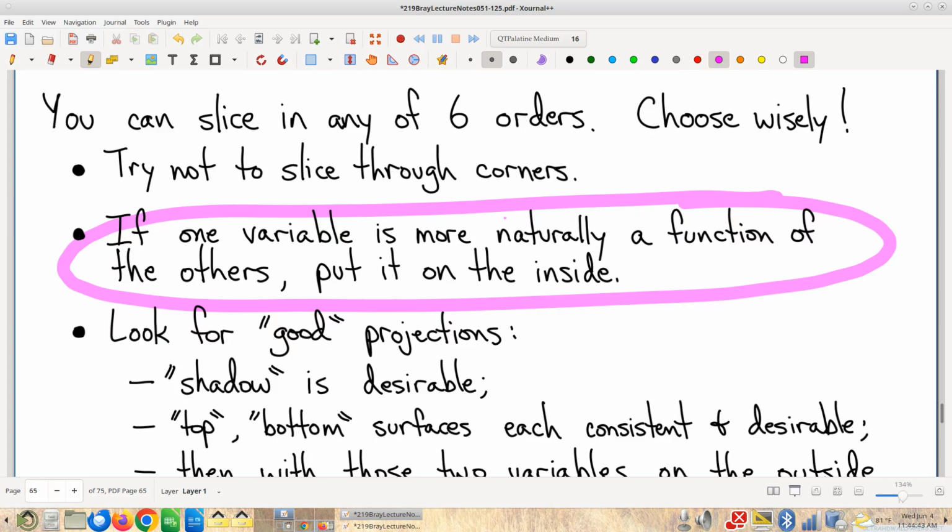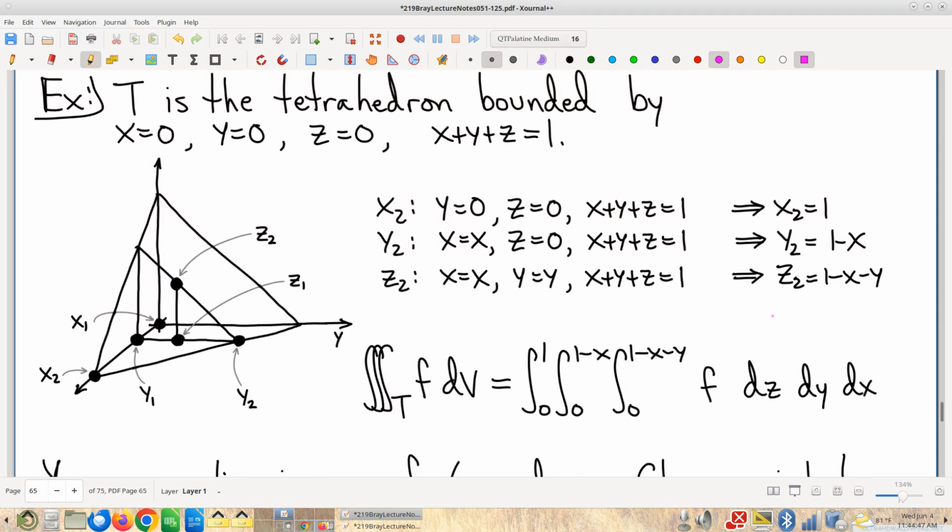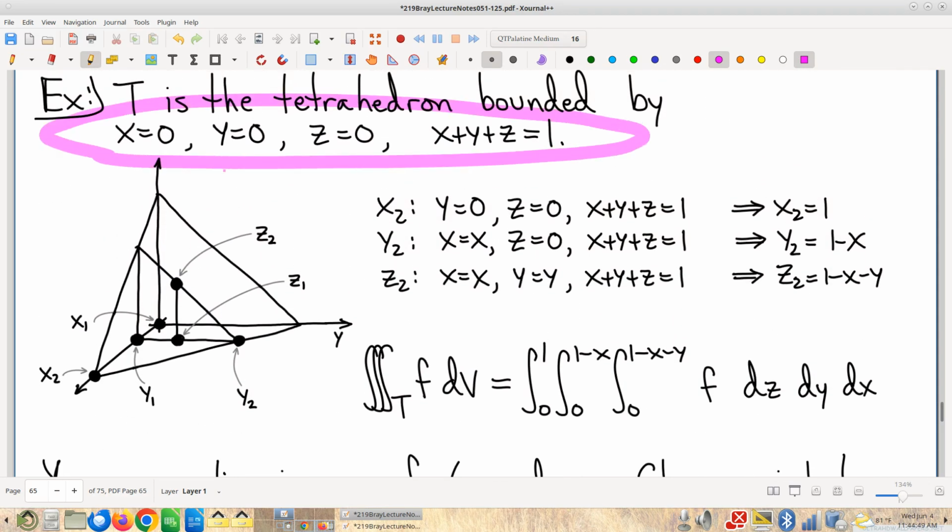So try not to do that. By the way, I'll point out that doesn't always come up. You look at all this algebra, I don't see any variable that I have a preference for solving for more than the others. So sometimes you don't get any such guidance.